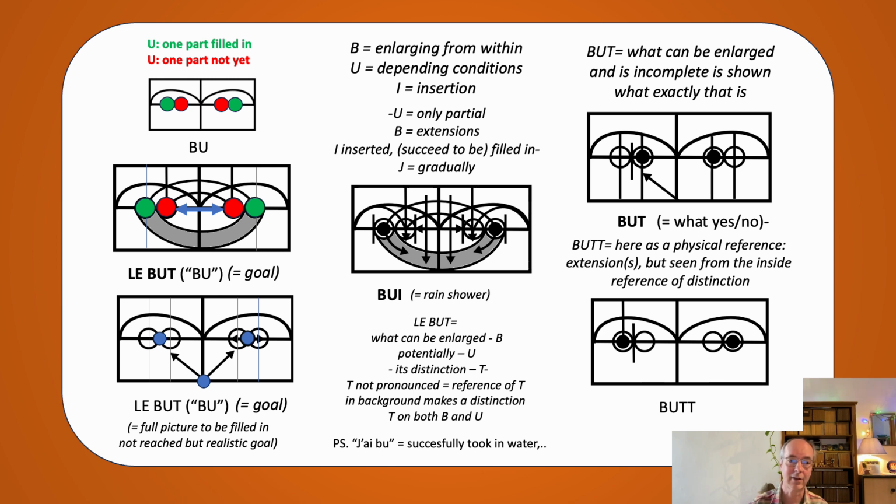And the T itself is not expressed, so it is in fact the distinction itself, and the distinction will be as much in the B as in the U. The le but is the distinction in this part, what can be filled in, what cannot be filled in, in the extensions that I have, in the things that I can fill in. I know what I have.